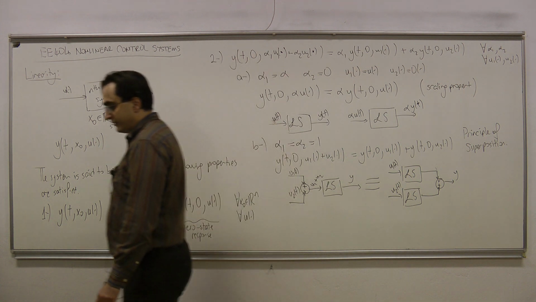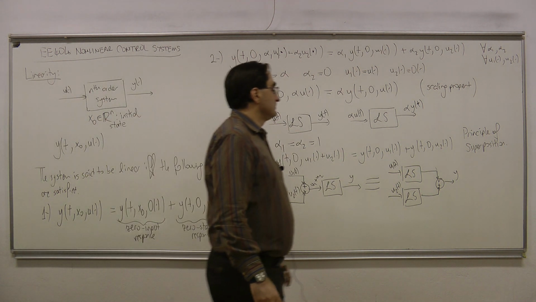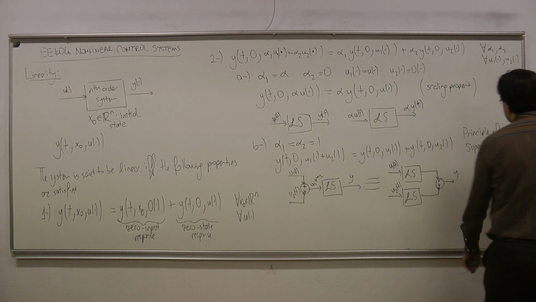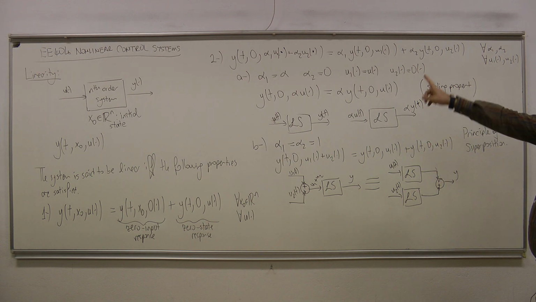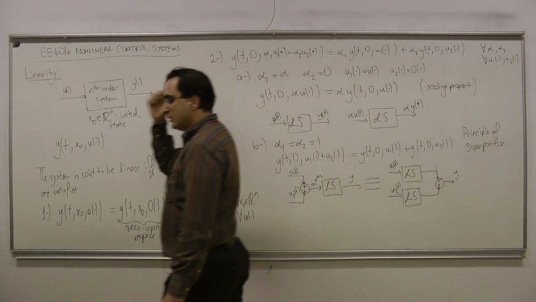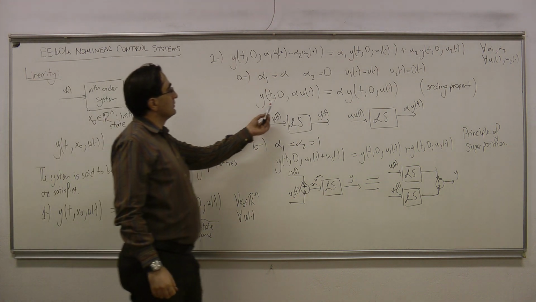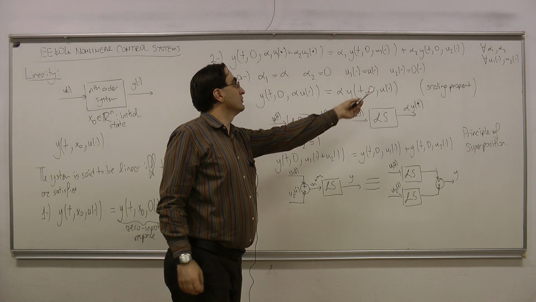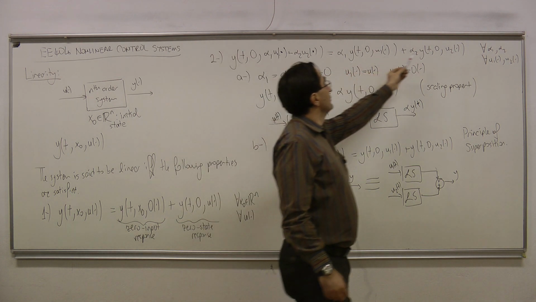They are summed. And this is true for zero initial conditions. If the system had a non-zero initial condition, such a property might not hold. There are zero initial conditions in all parts here.